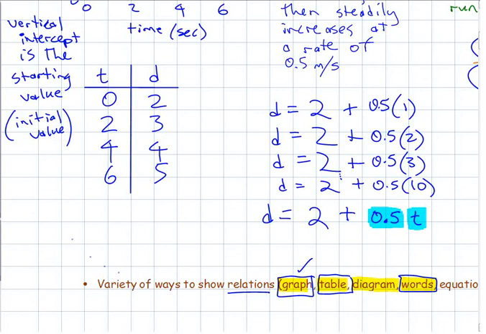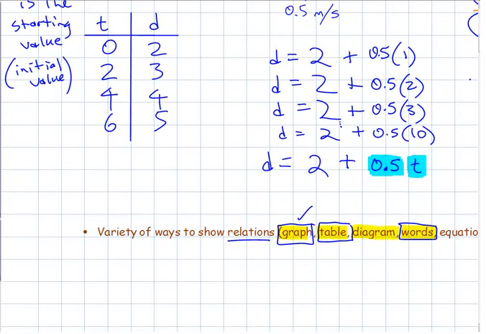After 100 seconds, how many meters would I be adding on? If this were 100 times 0.5, what would that give me? How many meters would I have gained in 100 seconds? 50. You take the time, multiply it by 0.5. That gives you the distance, right? This is the equation of that line. You can represent it with an equation that way.